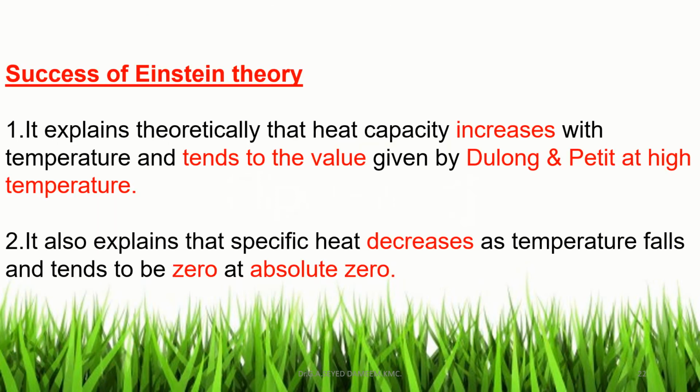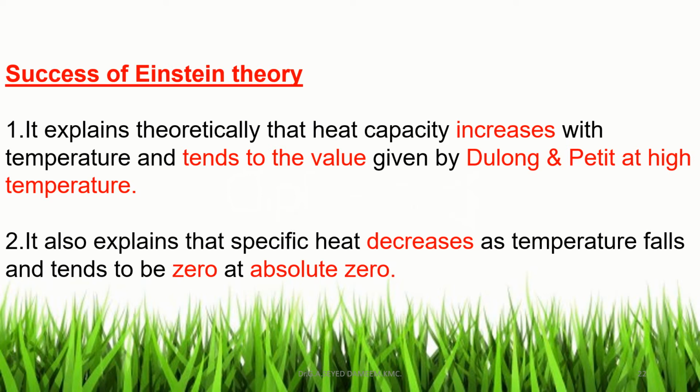Now, the success of Einstein theory. It explains theoretically that heat capacity increases with the temperature and tends to the value given by Dulong-Petit at high temperature. That is one success. Another success: it also explains that specific heat decreases as temperature falls and tends to zero at absolute zero temperature.